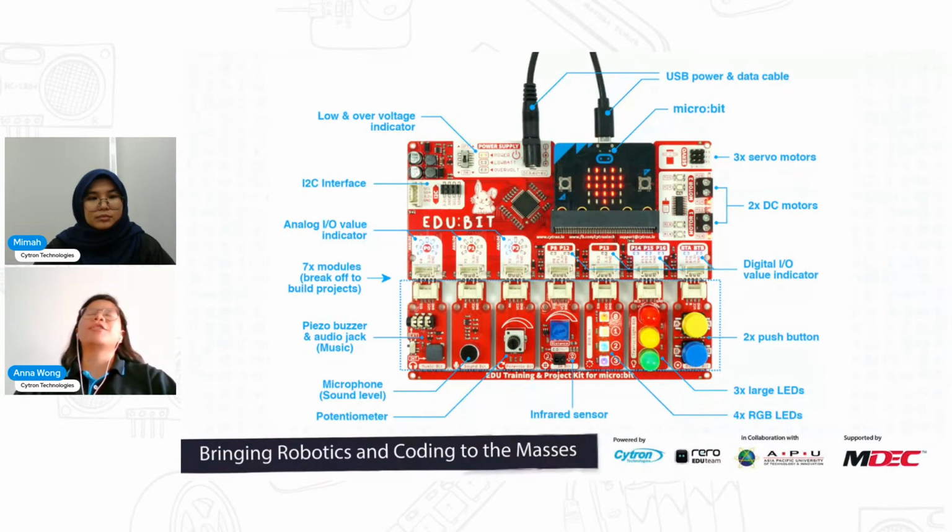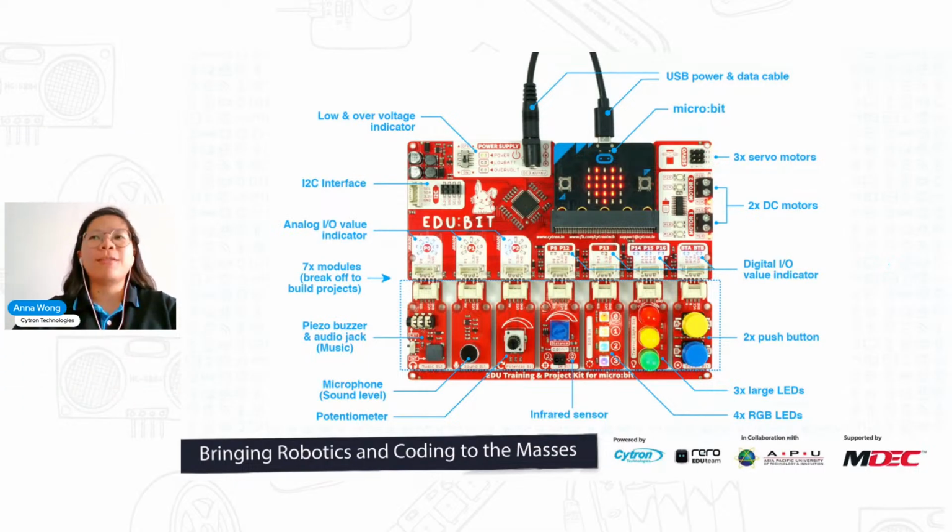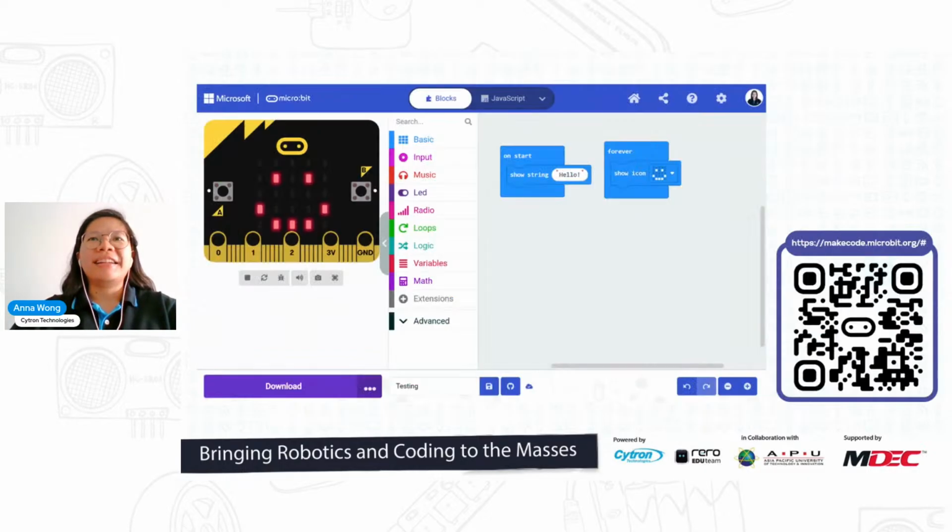For the Edubit certification program, you definitely need to have a kit before you sign up, and you need to purchase the one with the microbit if you don't have a microbit yet. The programming language for Edubit is block-based, so it's a beginner-friendly certification program for primary students, secondary students, or even teachers.